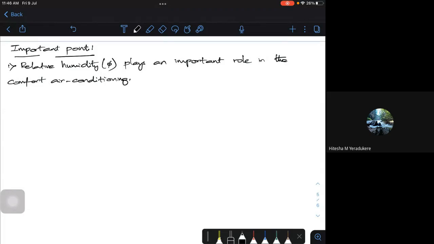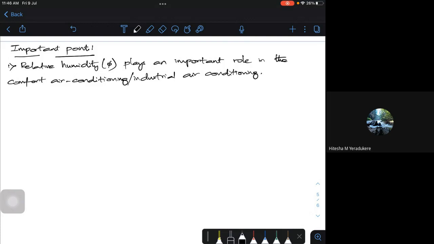Not only comfort air conditioning, I can put it as industrial air conditioning also. At both the places, this plays a very important role.